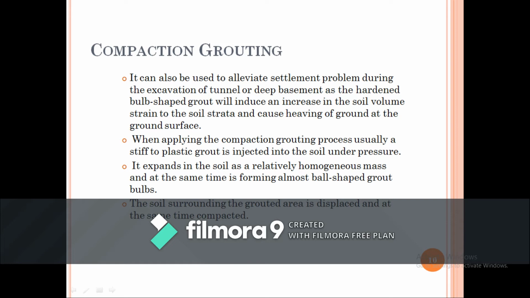See, a foreign material, your grout ball, is being injected inside, which means that much soil is displaced. It means densification of the soil is also happening. So for the same reason, the soil surrounding the grouted area is displaced and at the same time compacted. Both processes take place simultaneously in the compaction grouting technique.